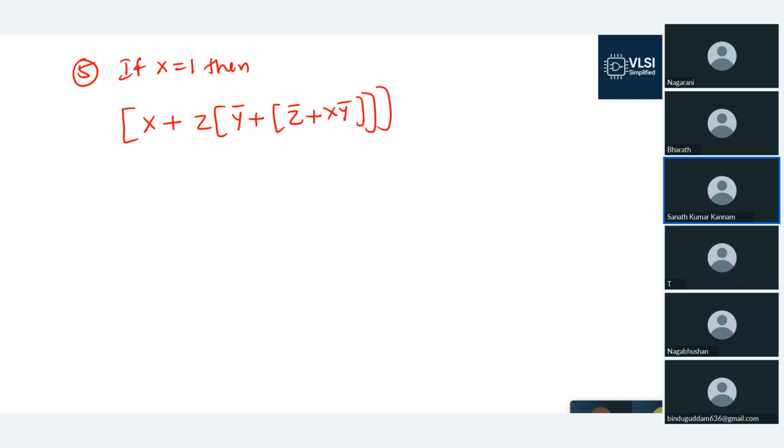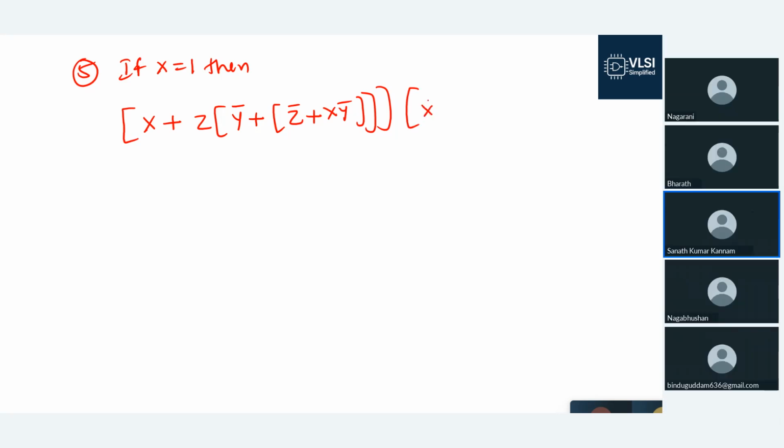These are nothing but previous GATE questions or IES questions you can practice. Okay. So this is asking, what is the value of z? Just substitute.